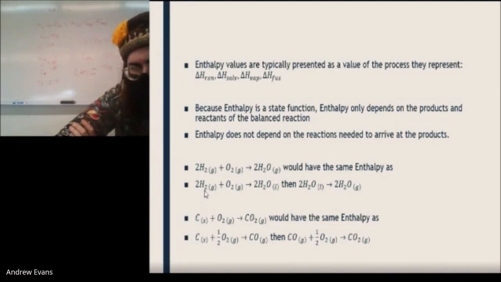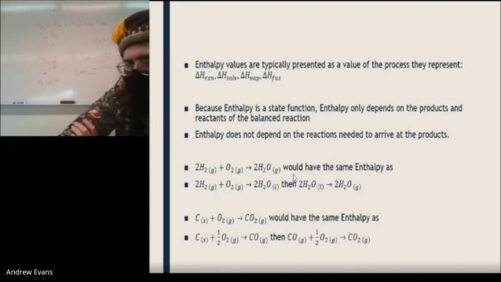So we could look at burning hydrogen gas to get to steam. This has a set energy. We said 483. But we could also look at how much energy is associated with burning hydrogen gas to get to liquid water. That is going to be a different energy.